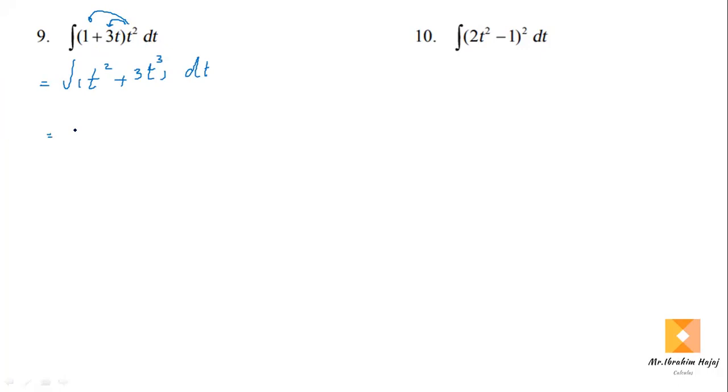Then integrate it: t to the power of 3 over 3, plus 3t to the power of 4 over 4, plus C. Leave it like this.